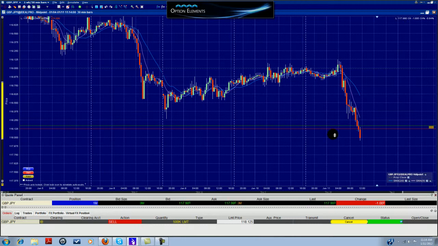I might move that down to somewhere in here and sell those when the market retraces, if it retraces back up, and then buy them back again lower if it heads back down. I might do that. I have to decide here. Give it a couple of minutes.